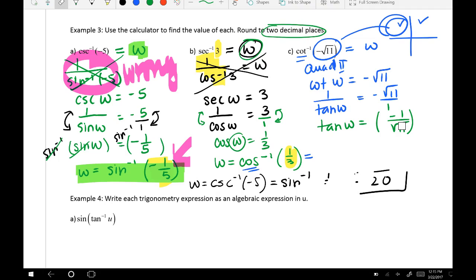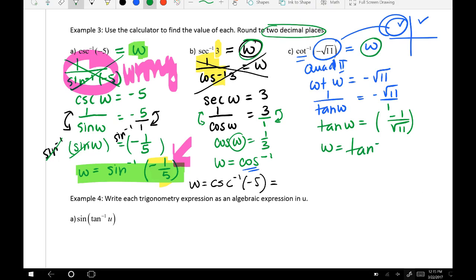Let me erase, I just need more room. You already have this in your notes. I'm going to find W, because that's my goal, by composing tangent inverse of negative 1 over square root of 11.